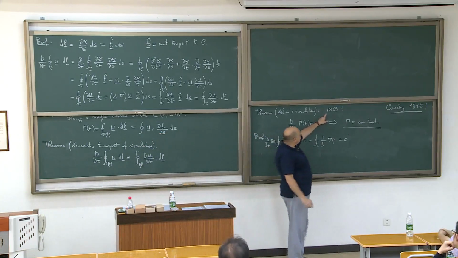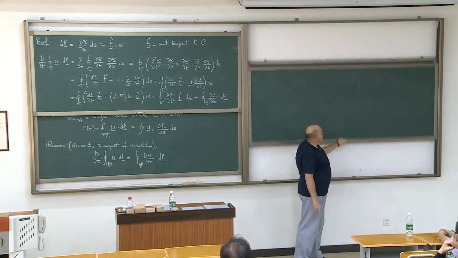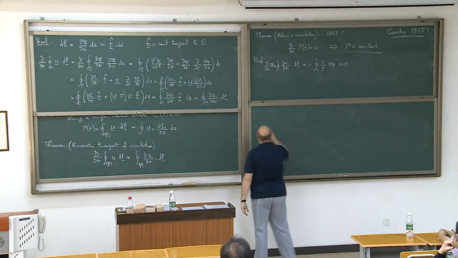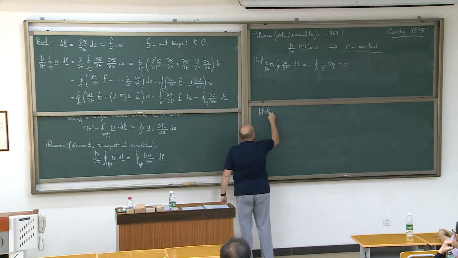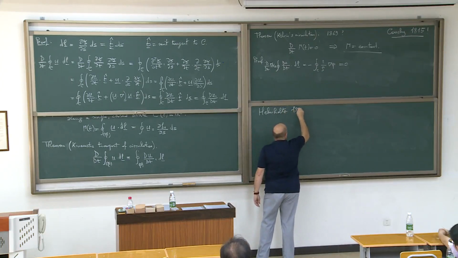Anyway, so Kelvin had this result, and I mentioned 1858, and now I'm going to write it down. 1858 is the year of Helmholtz. Helmholtz, 1858.